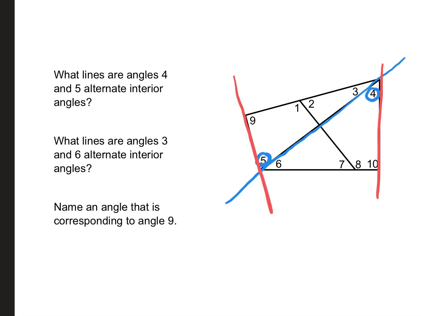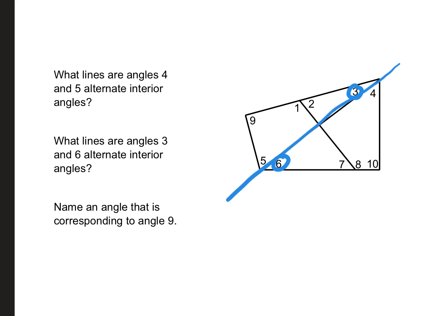Okay, if you look at the next one here, what lines are angles 3 and 6 alternate interior angles for? Well, again, if you take a look at those 2 angles, angles 3 and 6, I see my transversal there.